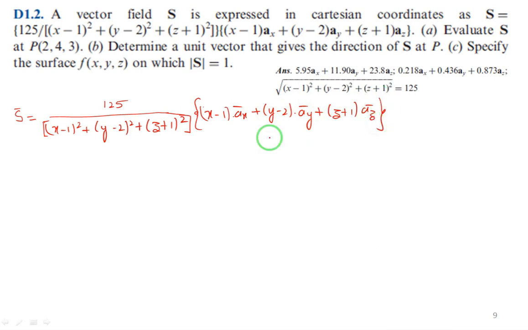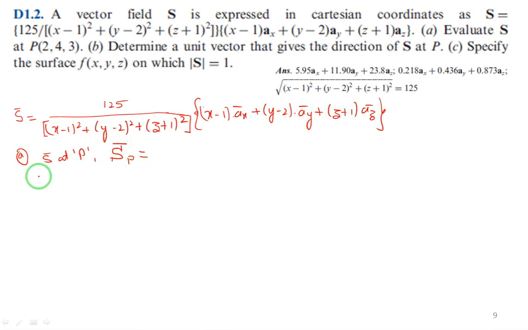Fine. This is the S vector they have given, and initially part A, what they have asked: evaluate S vector at point P. I'll write simply P, which indicates S vector at point P, but I have to put the bar.